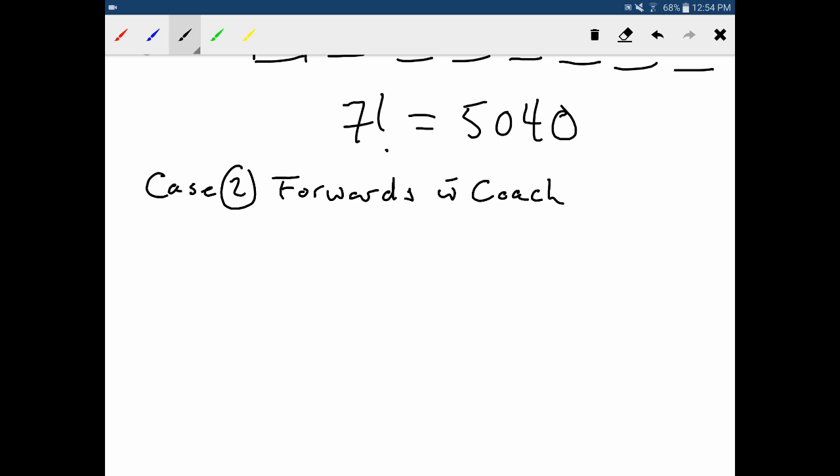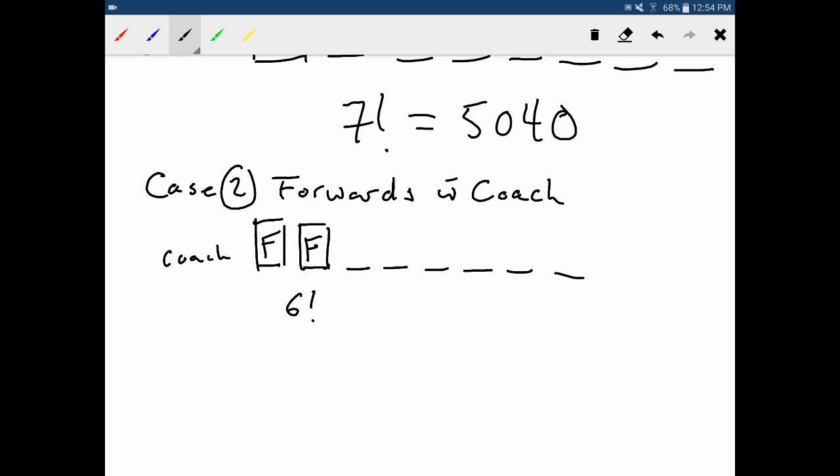Once again, we've got our coach, and then we've got our 8 seats. 1, 2, 3, 4, 5, 6, 7, 8. But this time we've got a forward sitting here and a forward sitting here. So we're going to lock them in place. And then we've just got 6 remaining seats to fill with the rest of the players. So that's just going to be 6 factorial.